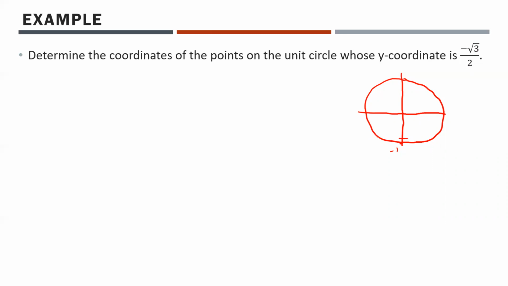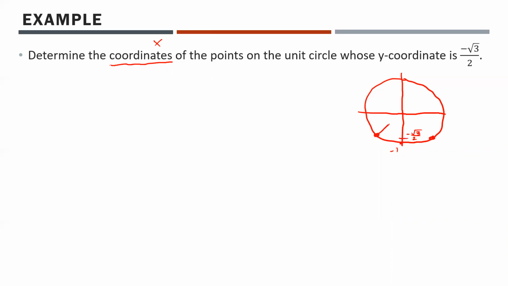So our points on our unit circle are either here or here because it's at this -√3/2. So your coordinates are either here or here. If we're looking for the rest of our coordinate, I should say, really what we're looking for is our x component of that coordinate. You can just draw both of these points on the unit circle as being triangles, right?